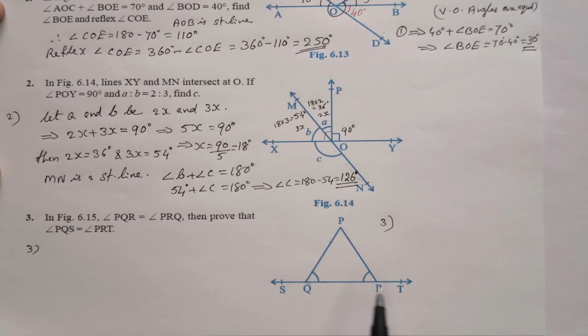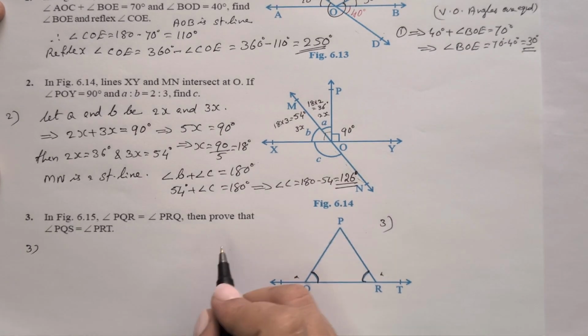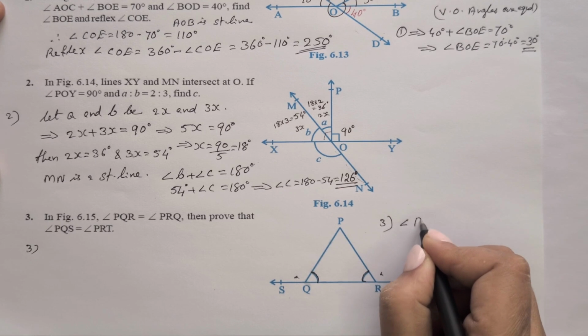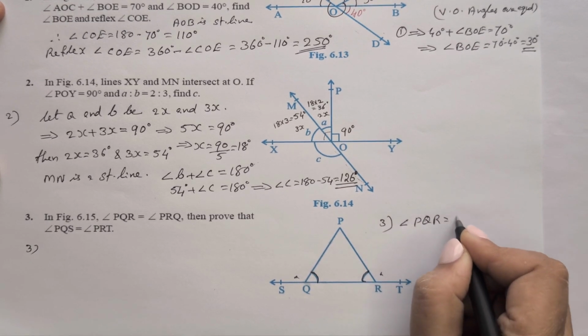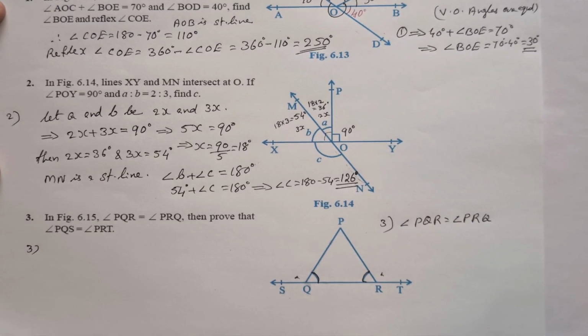Third question, in the figure, angle PQR is equal to angle PRQ. These two are equal. Prove that angle PQS is equal to angle PRT. These two are equal, that we have to prove. So we can start with what is given here. Angle PQR is equal to angle PRQ.